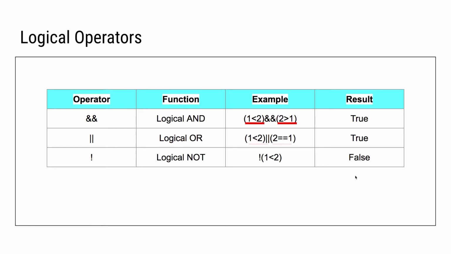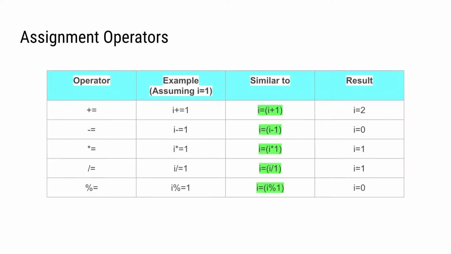Let's go through assignment operators. Assignment operators are used to assign values to variables. The left side operand of an assignment operator, which is this one, is a variable.